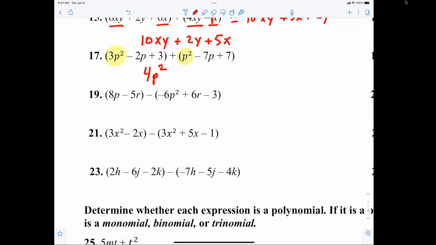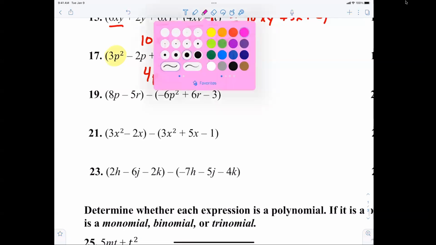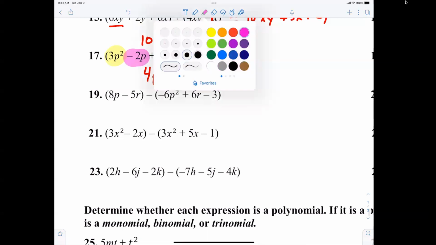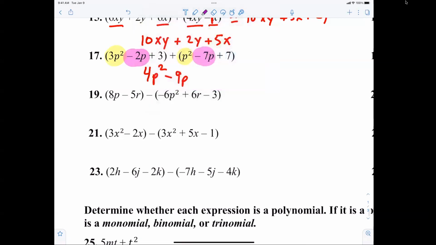Yes, 4p squared, and then plus how much?